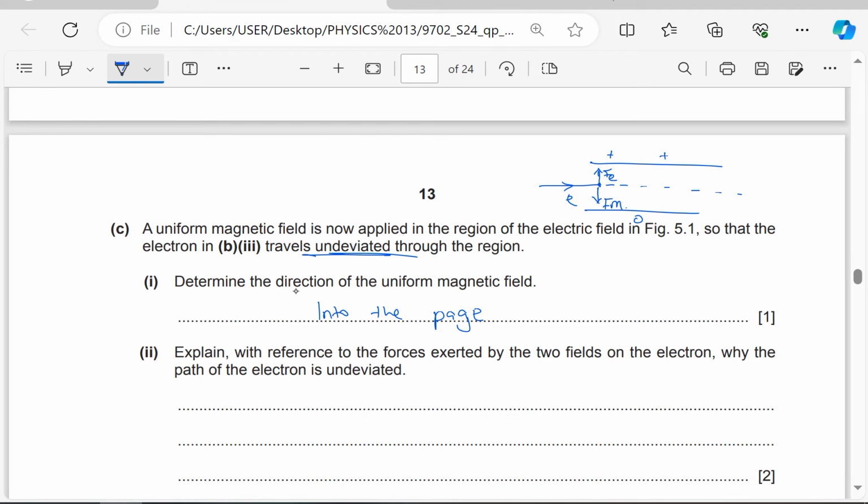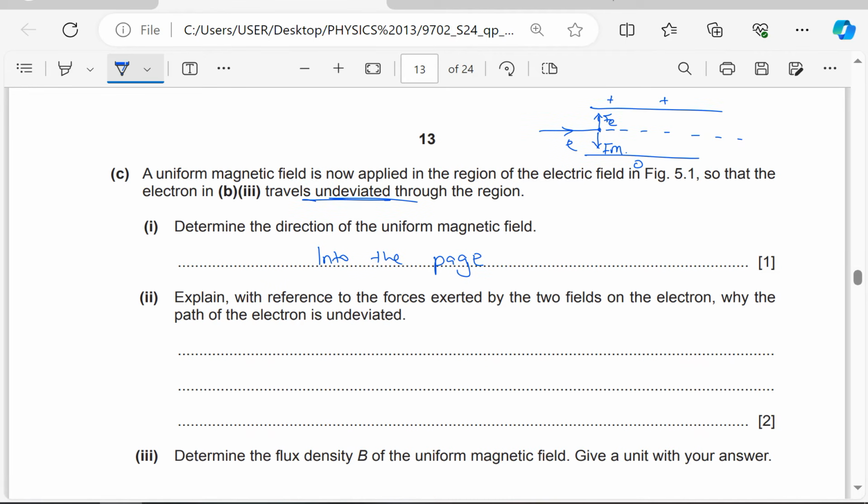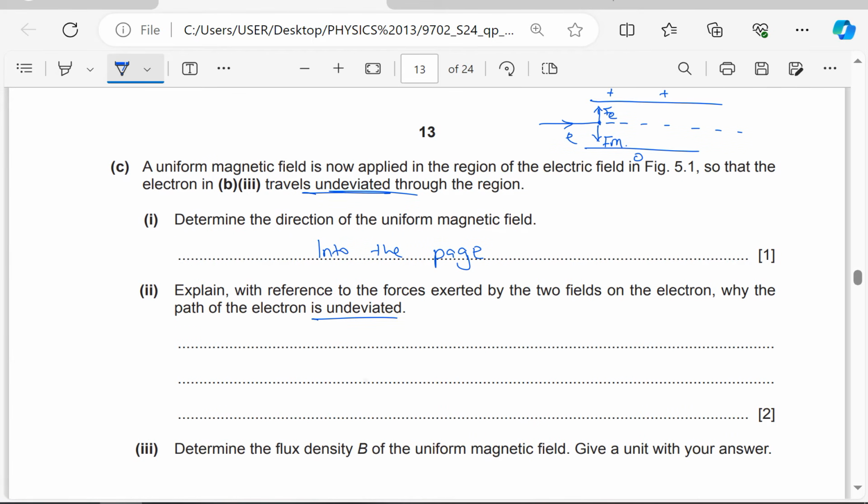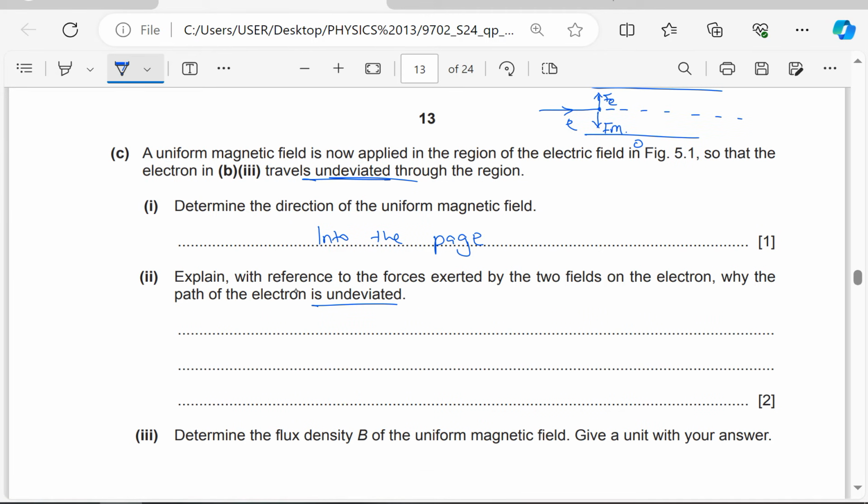Explain with reference to the forces exerted by the two fields on the electron why the path of the electron is undeviated. Of course, the two forces are equal but opposite. They are equal in magnitude but in opposite directions. So I'll say the force due to the electric field and the force due to the magnetic field are equal but opposite.